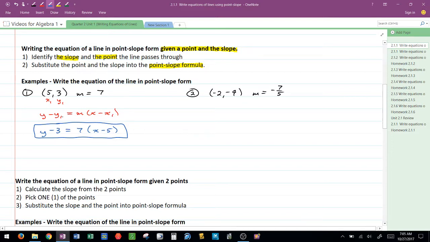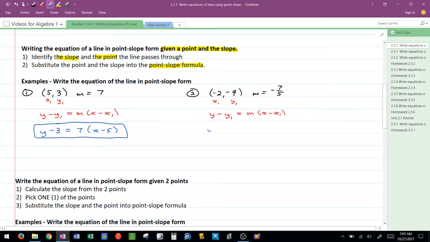It's literally that easy, that straightforward. Let's take a look at the second example. Again, remember on this one, this is your x1, this is your y1, this is your slope. They want us to write the equation in point-slope form, so I start with point-slope: y minus y1 equals m times x minus x1. I'm now going to substitute those values in.